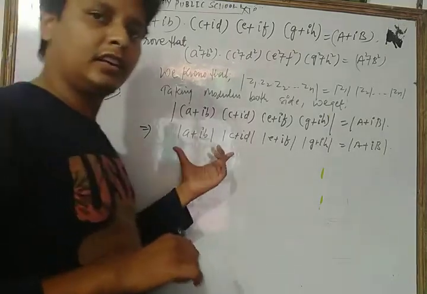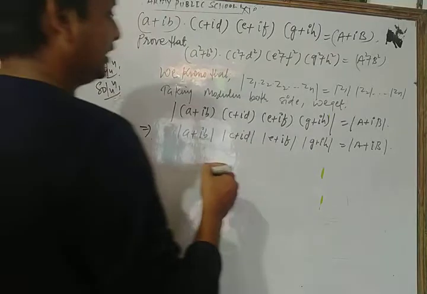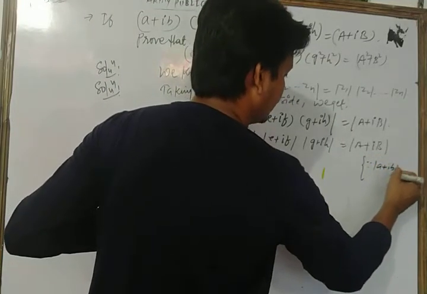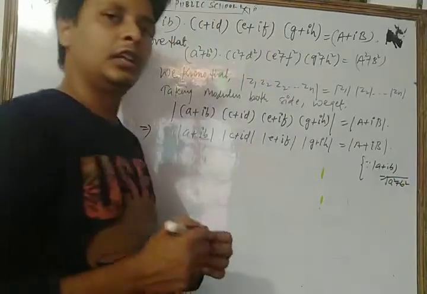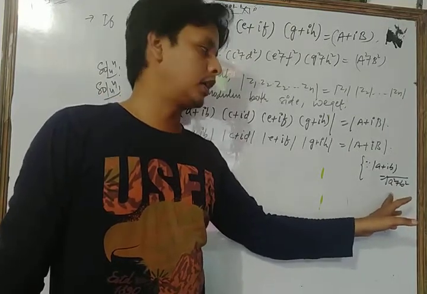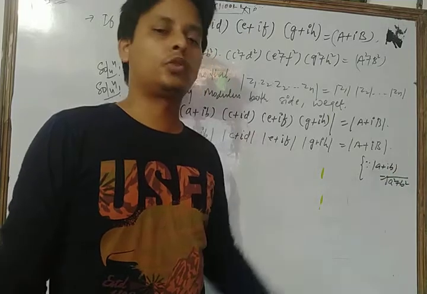We write in this way now, and we know that the modulus of any complex number is the square root of the sum of the square of the real part plus the square of the imaginary part.